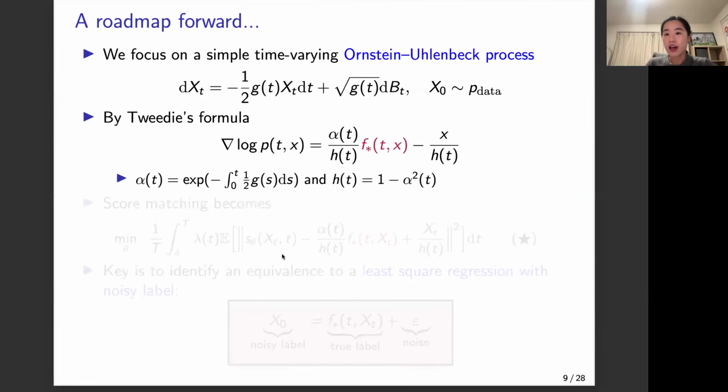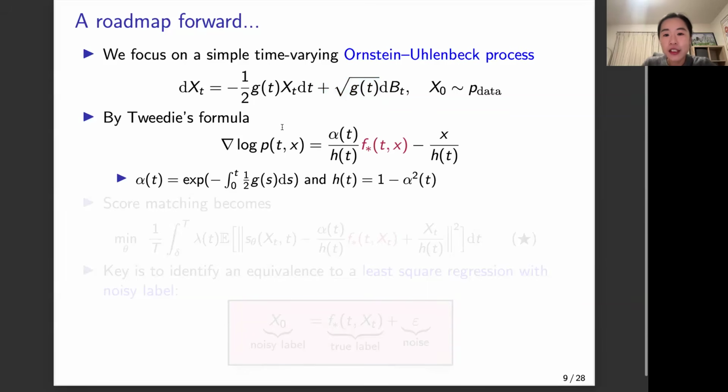To be more concrete, let's focus on a simple time-varying Ornstein-Uhlenbeck process. So this would be the drift term b_t we work with, a time-varying linear function. The volatility term is also simple, the square root of g_t, where g_t is a non-negative function of time t.